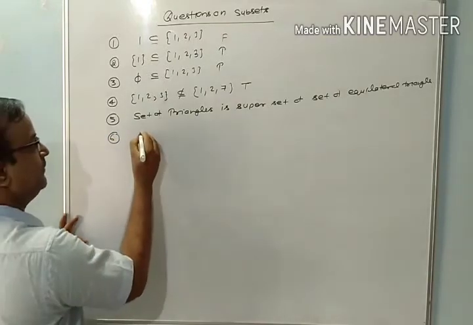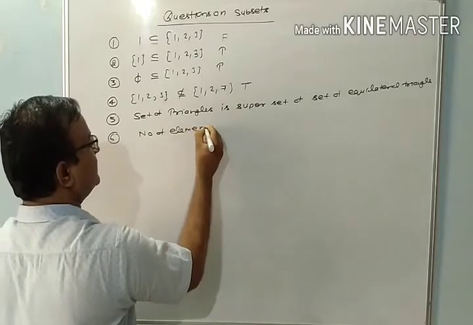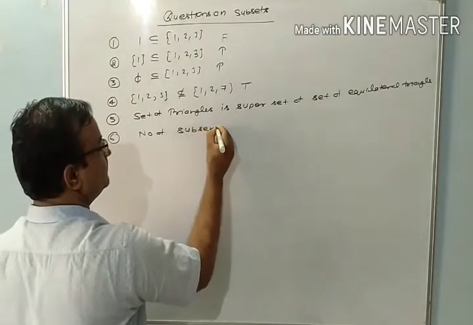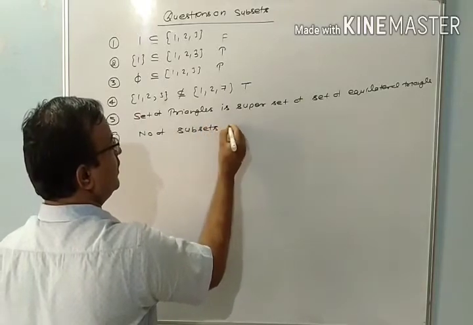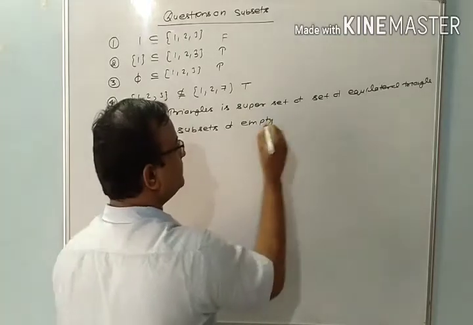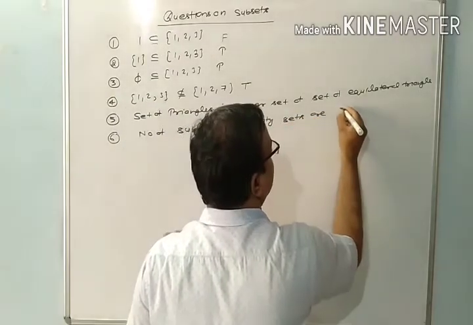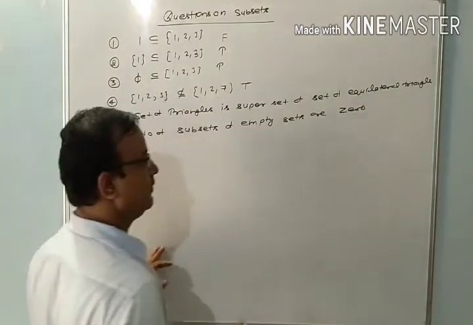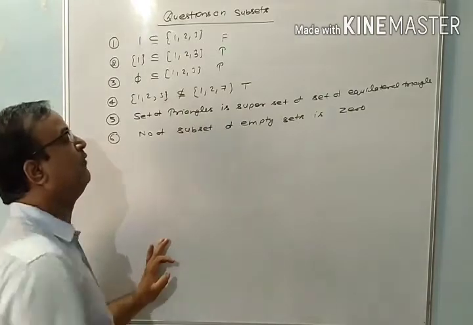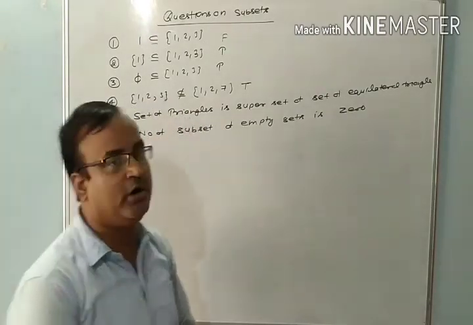Sixth number: the number of subsets of the empty set is 0. We have to check whether the given statement is correct or not.